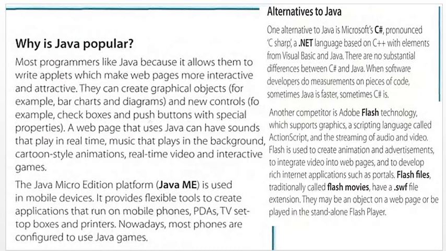Another competitor is Adobe Flash technology, which supports a graphic scripting language called ActionScript, and streaming of audio and video. Flash is used to create animation and advertisements, to integrate video in web pages, and to develop rich internet applications such as portals.